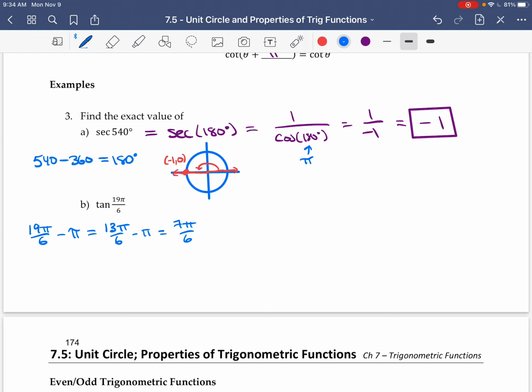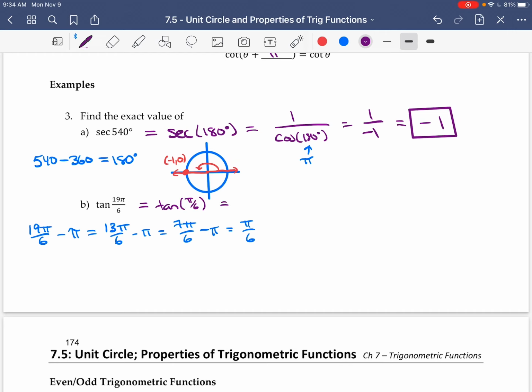And actually I could do even another pi and get another one that has the same tan value. So that's just going to be pi by 6. So this tan is equal to tan of pi by 6.